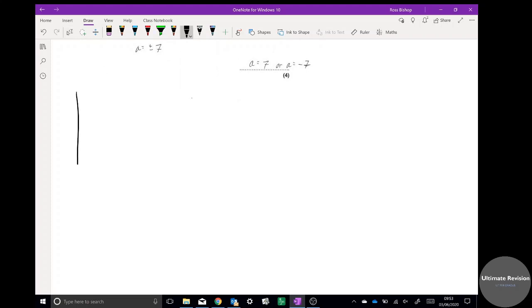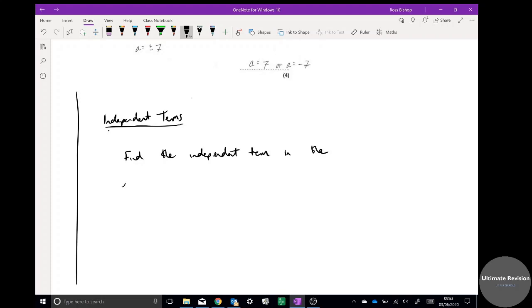Right, we're going to do just one more thing. We're going to look at independent terms. It's not much different to what we've done before. So you might be asked to find something like this: find the independent term in the expansion of (2x plus 1 over x) to the power 4.